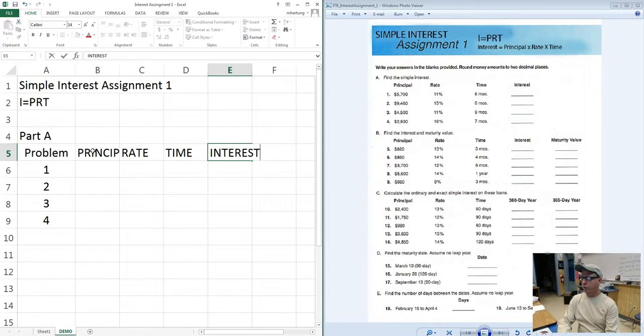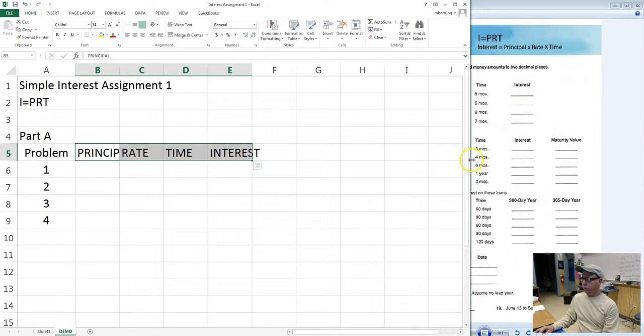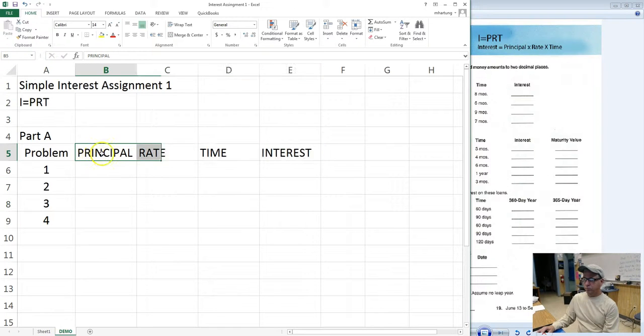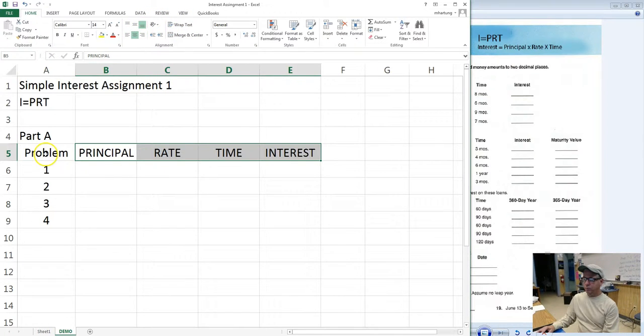And in this problem, Part A, we need to calculate just the simple interest. I'm going to go ahead and set my columns. And then I'll go ahead and set those to 12. And put them in the center. And put a border under everything.